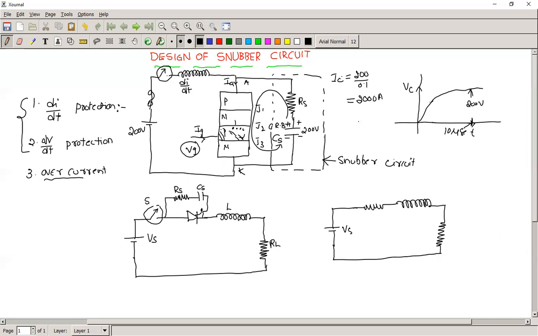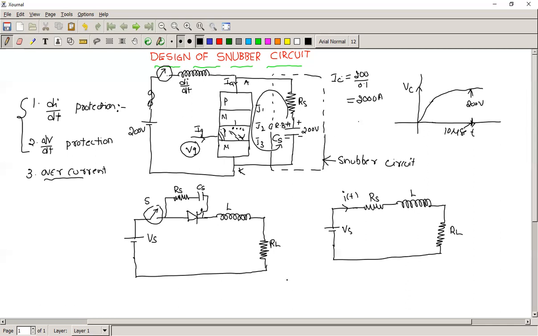Because the SCR is forward biased but in the off state, we are not applying a trigger voltage. Whenever we close the switch, the capacitor is short circuited. Now this is the closed path. If we take the current as i(t), this is Rs, this is L, this is RL, this is i(t).